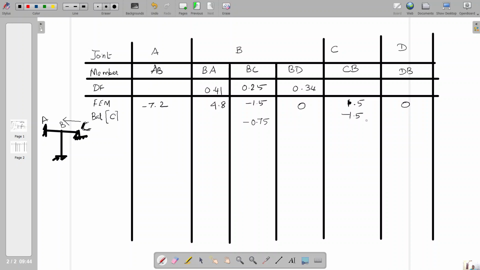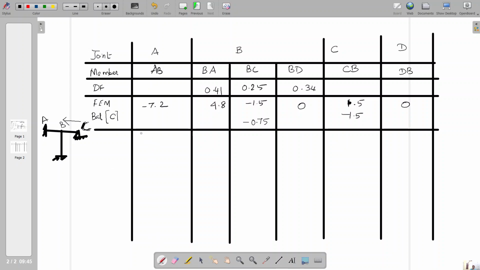So minus 1.5 by 2, minus 0.75, should be carried over here. So you draw a line. Our initial procedure is to balance any simply supported condition present in the problem. Then only we can start our ordinary procedure.